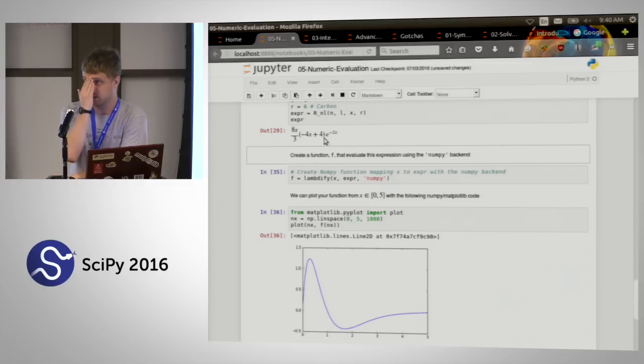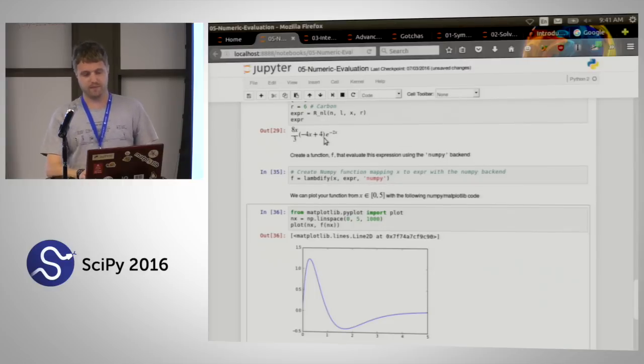I understand what lambdify does. I'm just asking, is it executing at C++ type speed because of how we've done it? It's going to be executing at the same speed that you would get if you created this function with NumPy.